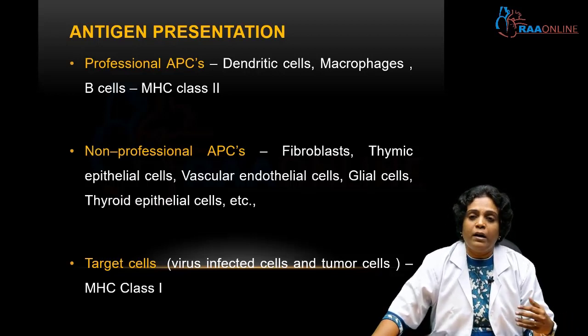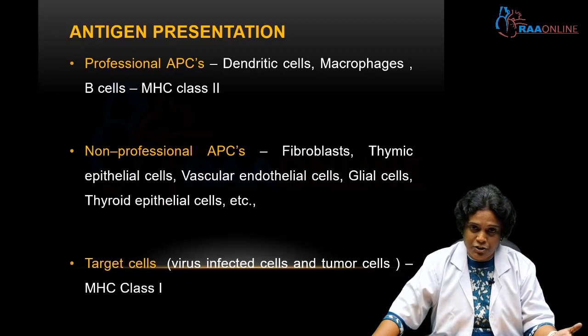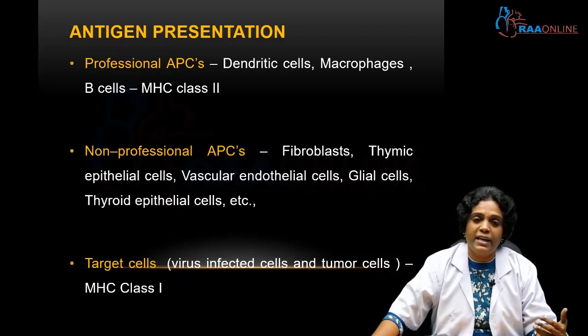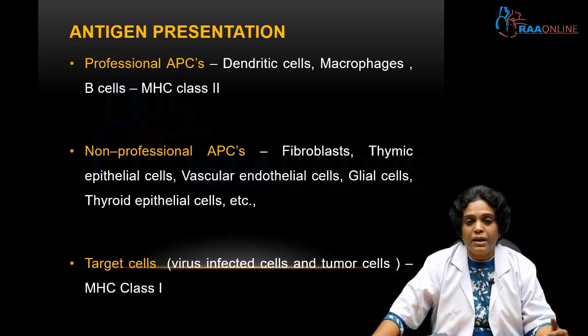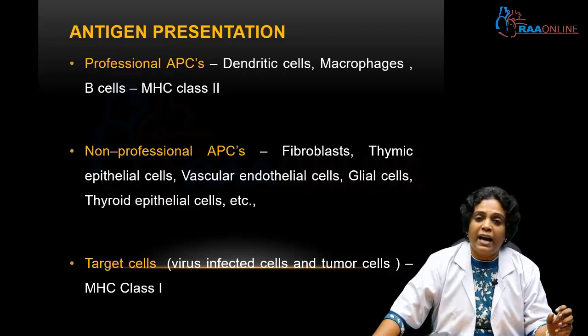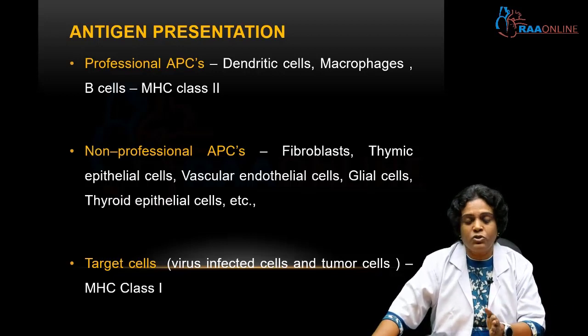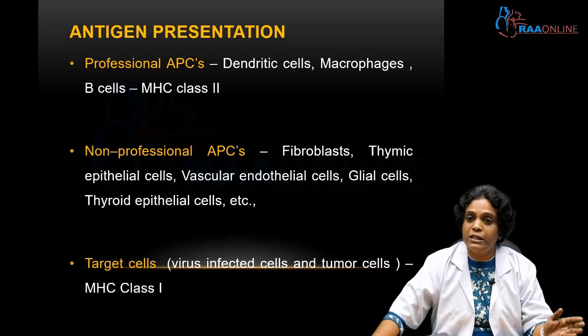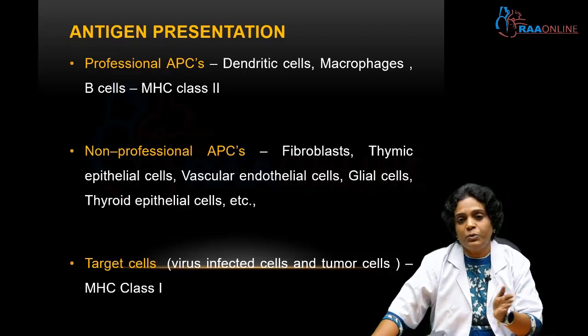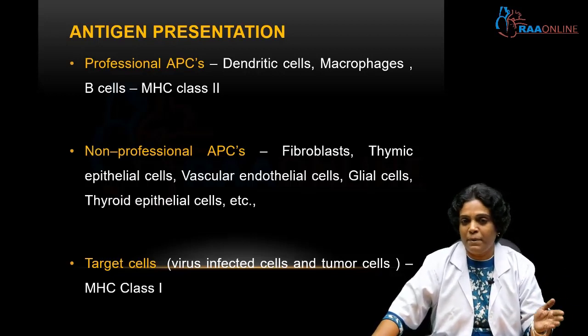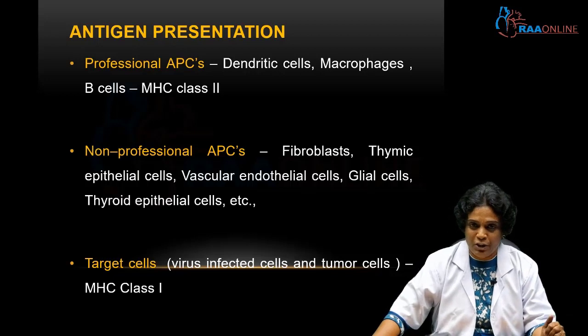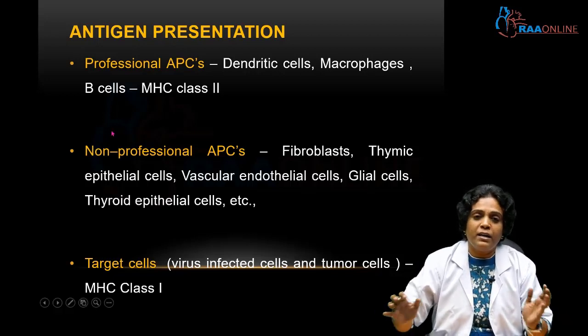Now the extracellular antigens are usually processed by the antigen presenting cells. These antigen presenting cells engulf the antigen, endocytose it, process it, and break it down into antigenic peptides containing specific epitopes onto these self molecules, that is MHC class I or class II molecule.